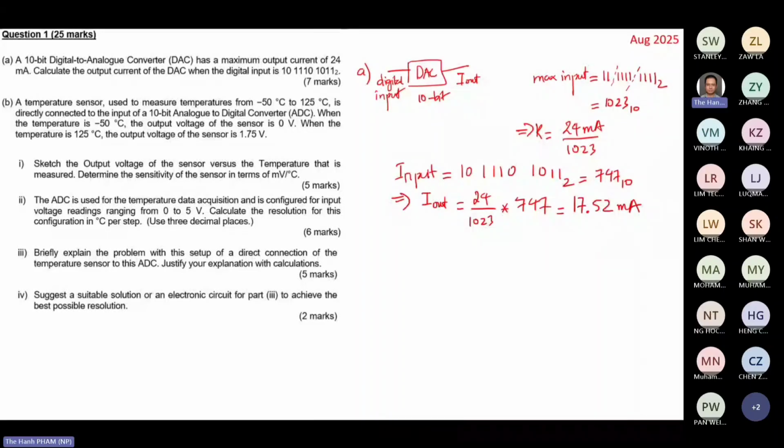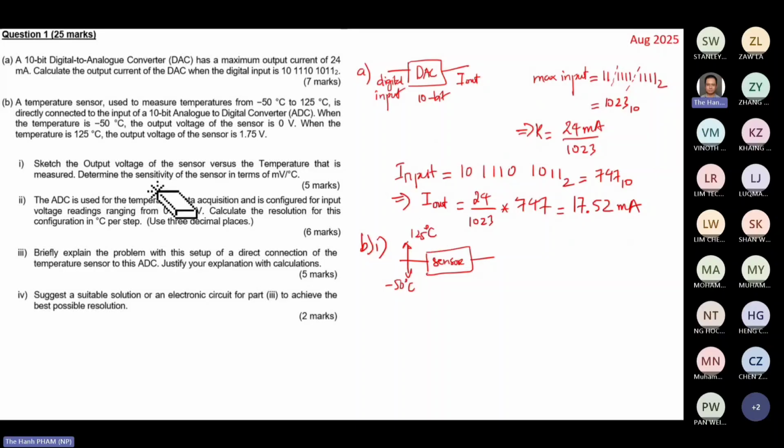Okay, so for B, I, this one is a temperature sensor. To visualize, right? To make it easy to understand, this one is your sensor. The input is from minus 50 degrees Celsius to 125 degrees Celsius.